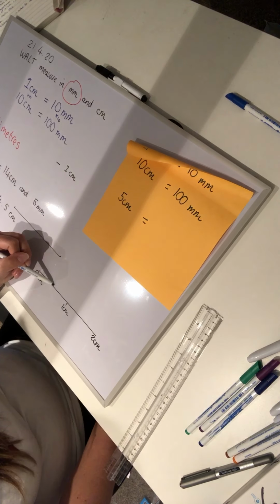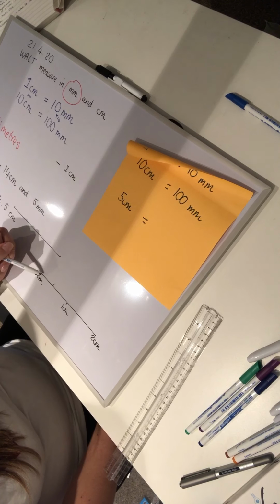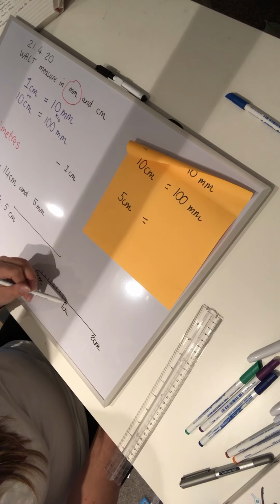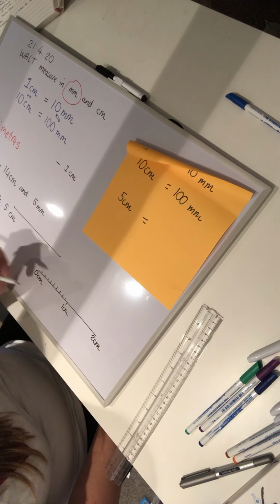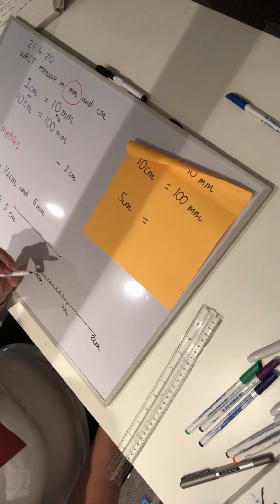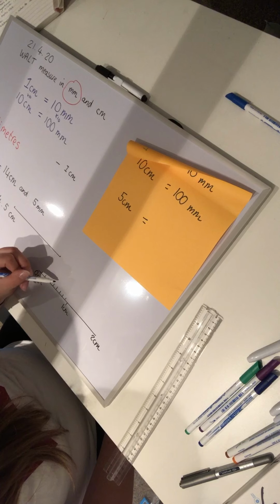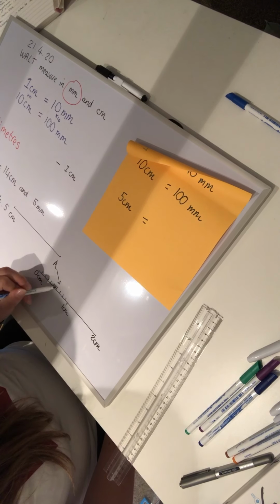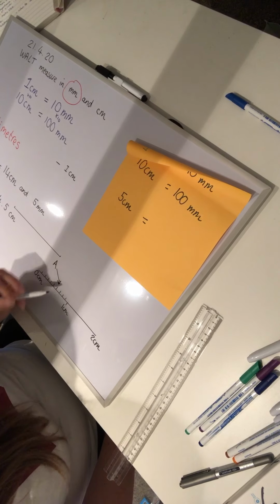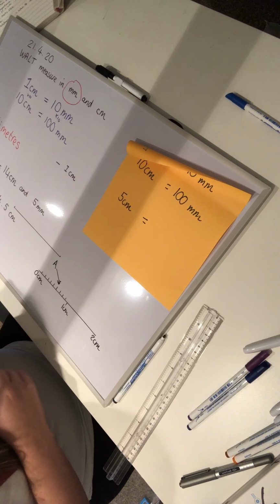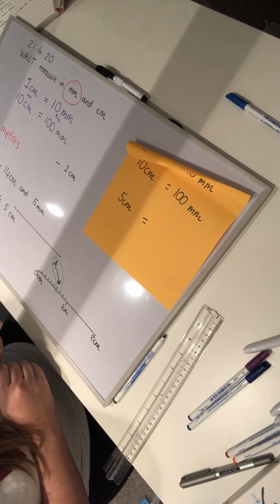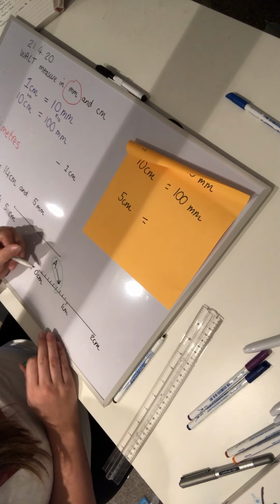And then I'll do the 5. 1, 2, 3, 4, 5, 6, 7, 8, 9, 10. So I've got those. And then you've got some letters. It will have an arrow and it will have the letter A. You've got to figure out what this one is. Okay, so 0 centimetres is this one.